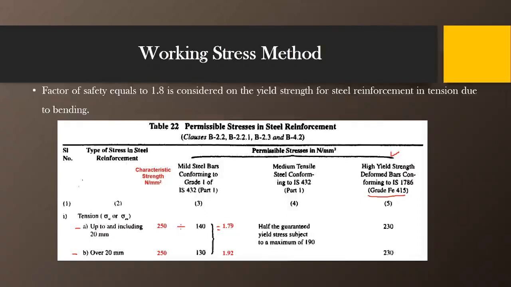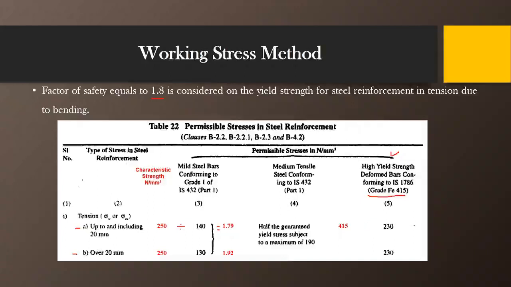So if you take the average of these values it comes to near about 1.8. That's why this value is taken as 1.8. This is for mild steel. Now similarly let us consider the HYSD bars. For HYSD steel Fe415, we know that the characteristic strength Fy will be equal to 415 Newton per mm square.